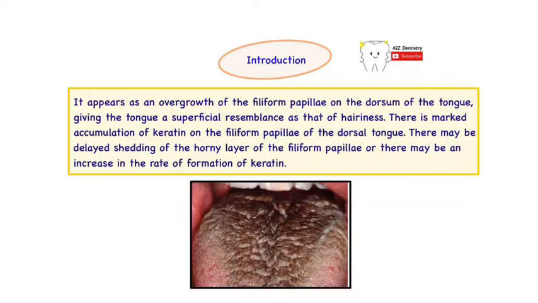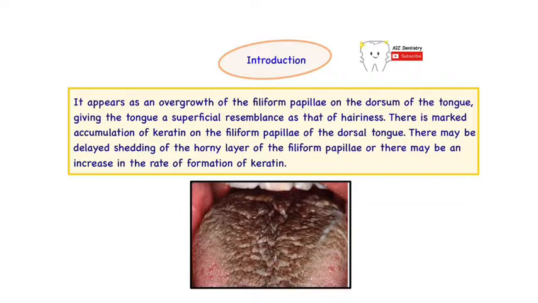Also it may be associated with a delayed shedding of the horny layer, that is the surface stratum corneum, right, which is the cornified layer of keratin. If there is a delayed shedding of the cells, the keratin tends to accumulate over the upper layers, and gradually the thickness increases, and this gives the appearance of a matted layer on the surface of the tongue.